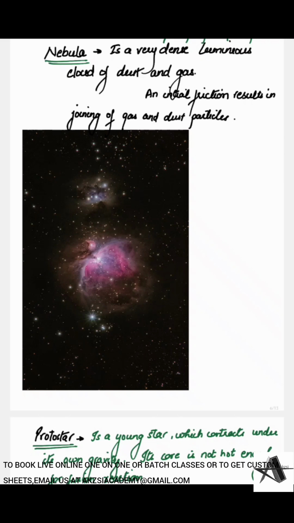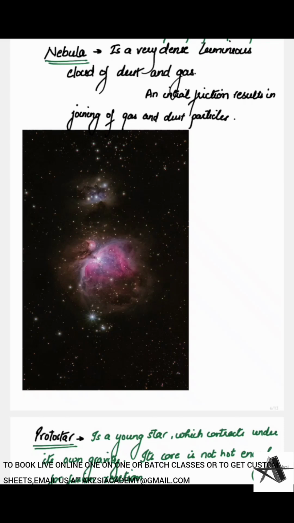Now, what happens is, say for example, a star had died in a supernova. I'll explain what a supernova is later as well, but it has died. Throughout space, the hydrogen gas and the dust particles are now scattered.